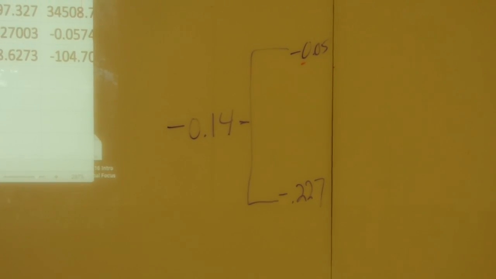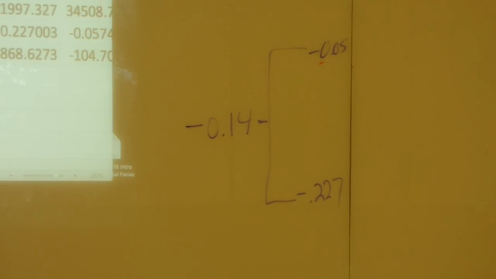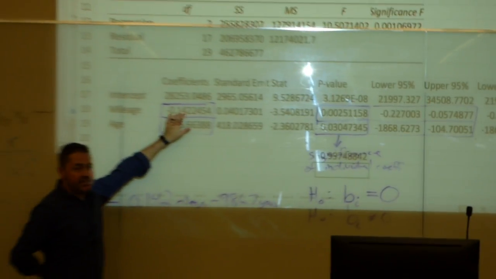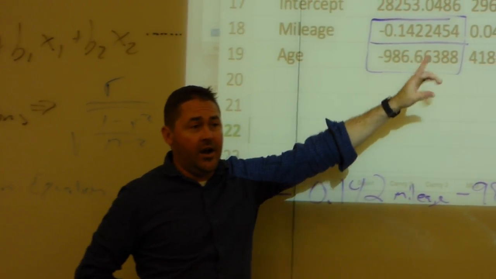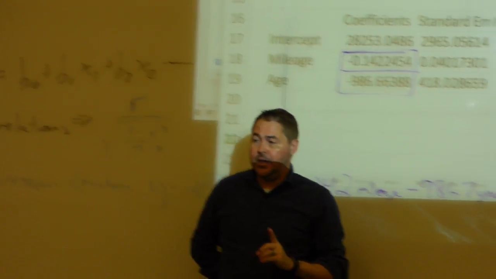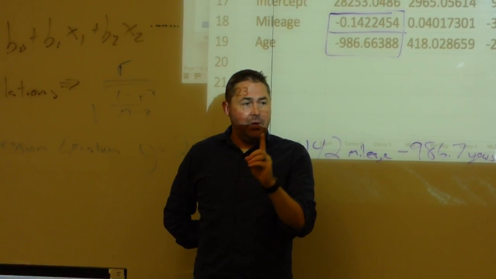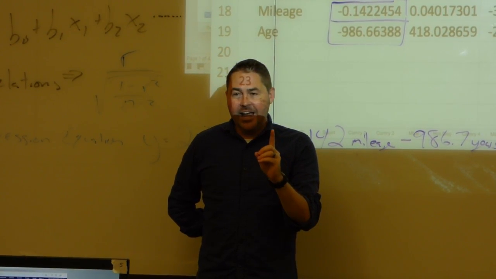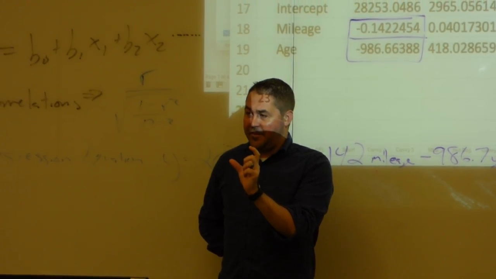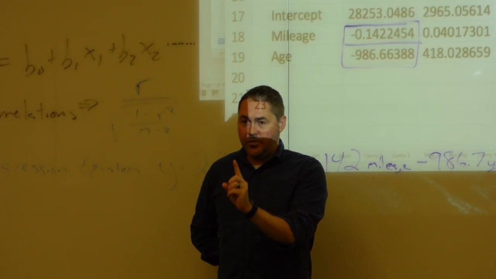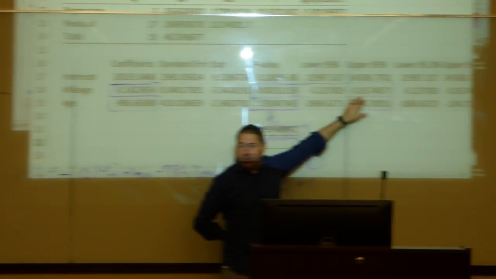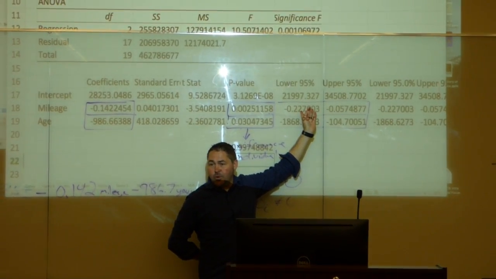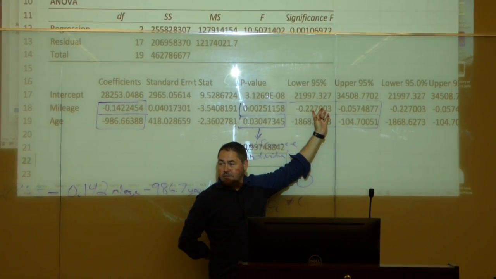We know on average, the value of the car goes down by 14 cents. What the confidence interval is saying is that I am 95% confident that the value of the car will go down between 5.7 cents and 22.7 cents.